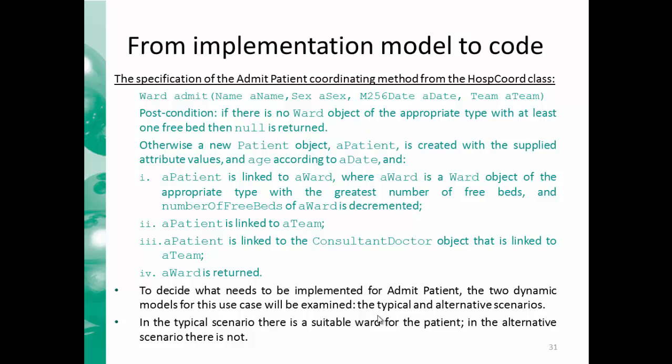As you noticed, we have two situations. A situation where we have the appropriate ward for the patient, and that's one scenario. And the other scenario where we don't have an appropriate ward for the patient. So this is another scenario. So we need to be sure that the method will implement both scenarios.